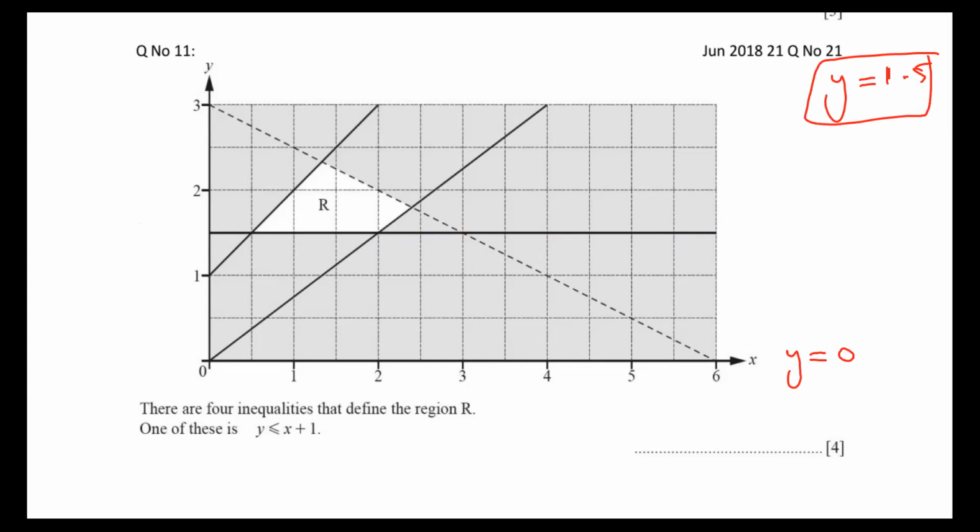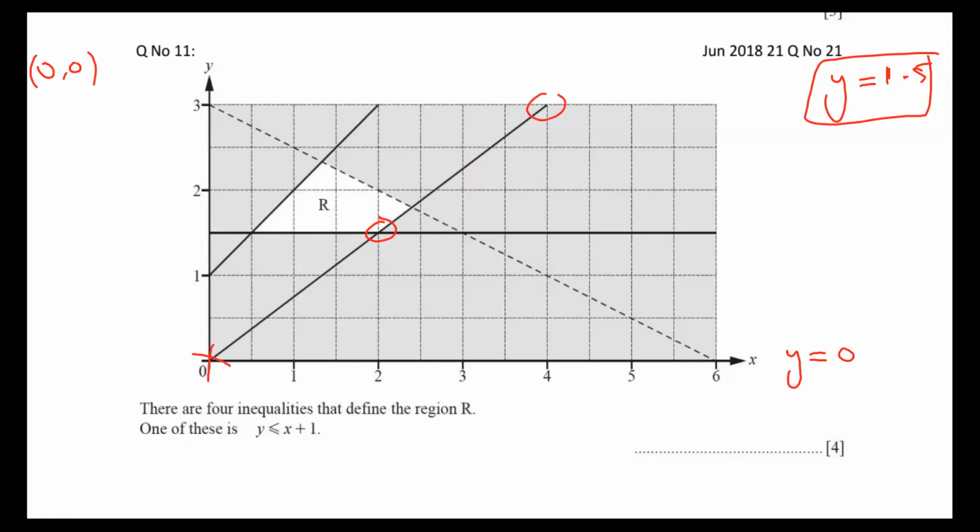Let's talk about the other line. Take any two points on this line. For example, the ideal point is 0, 0. Then take any other point with whole number coordinates.